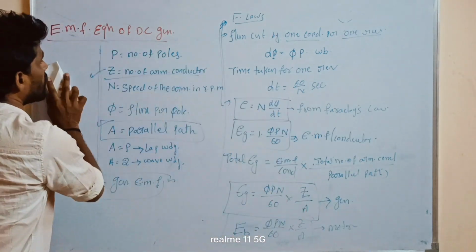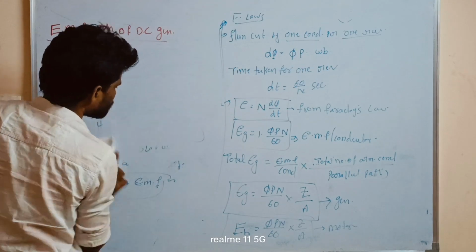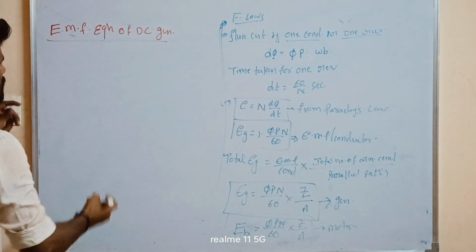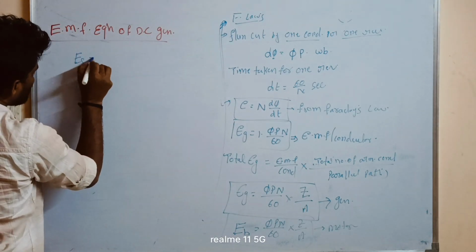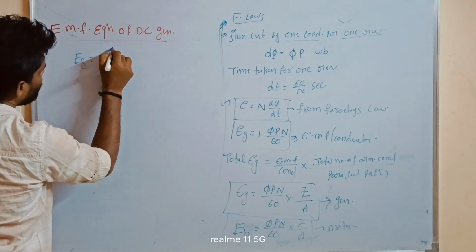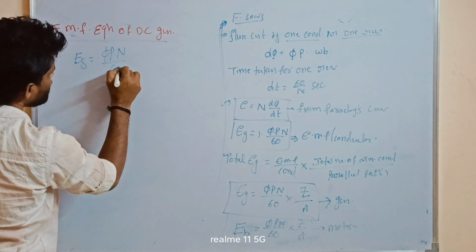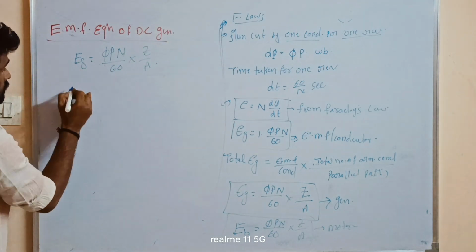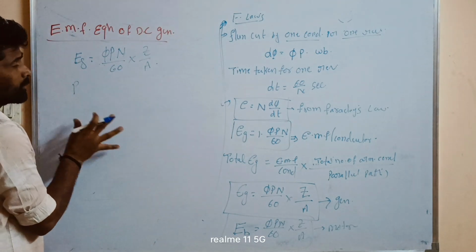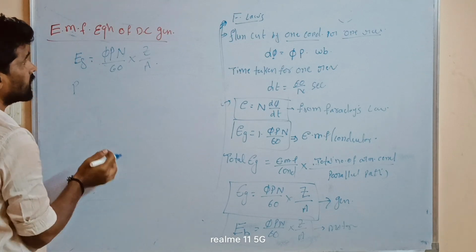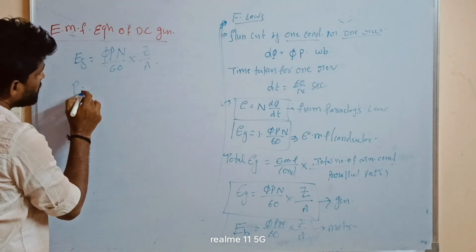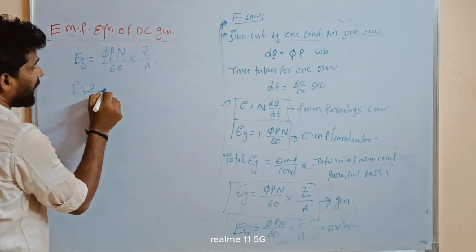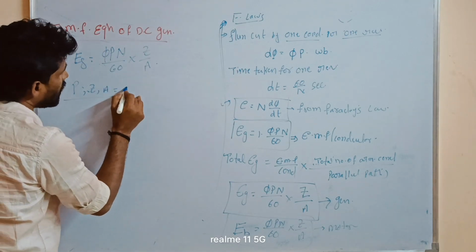Now a little bit of calculation. What is the induced EMF? Eg is equal to Φ P N by 60 into Z by A. Here P is a constant based on construction, and Z, the number of armature conductors, is also constant, and parallel paths are also constant.